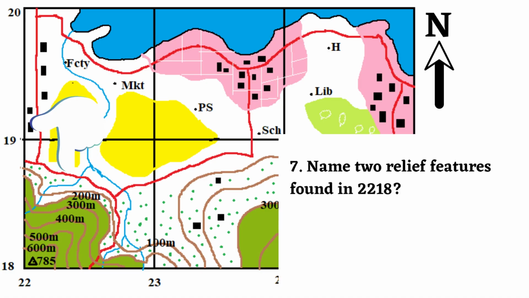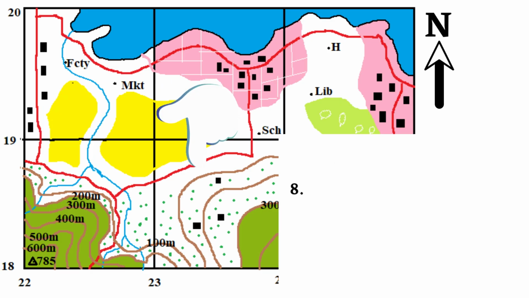And further to the north and east, we see no contour lines, and therefore that area would be a plain. In that case, it's a floodplain because we have the river flowing through. So you would give any two relief features to get your answer.